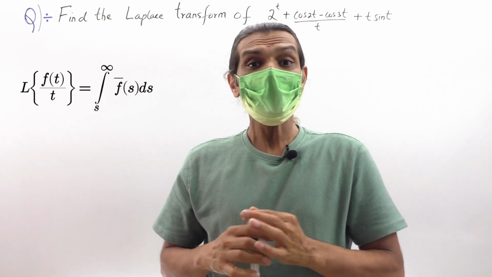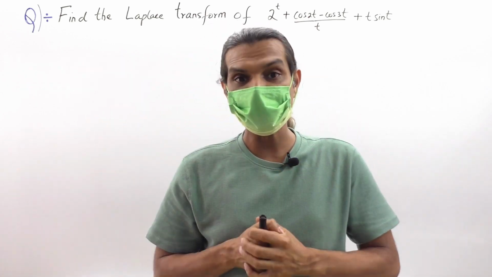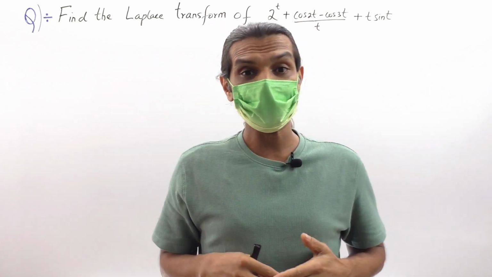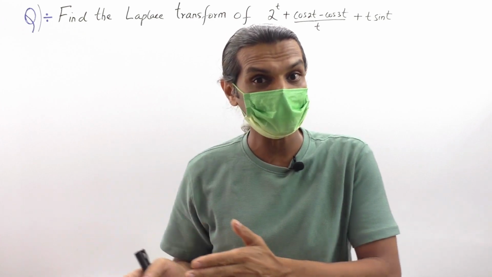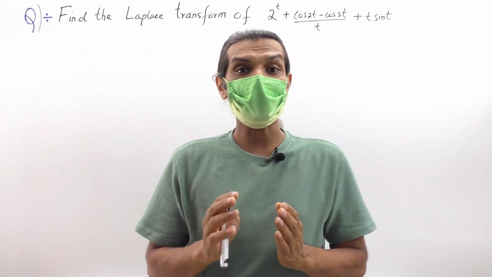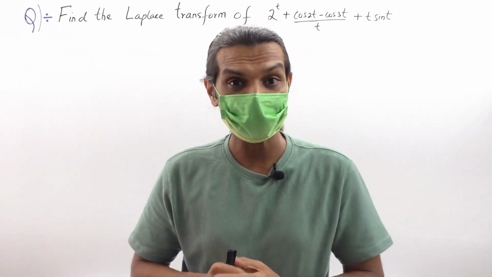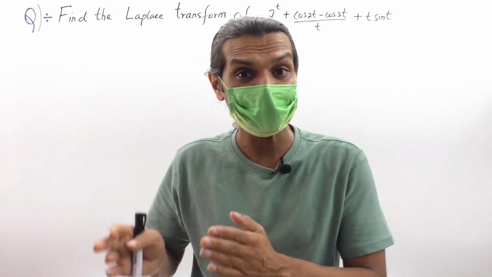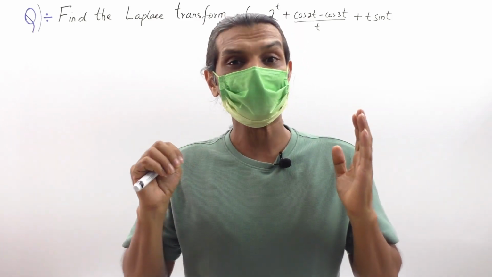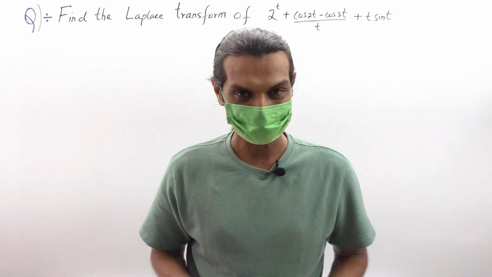That's it. And to make it easier, I had also given the formulas. Integration of 1 by s ds is equal to log s, integration of 1 by s plus a is equal to log of s plus a, integration of s by s square plus a square ds is equal to 1 by 2 log of s square plus a square, and integration of a by s square plus a square is equal to tan inverse s by a.